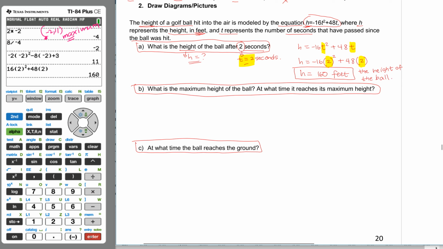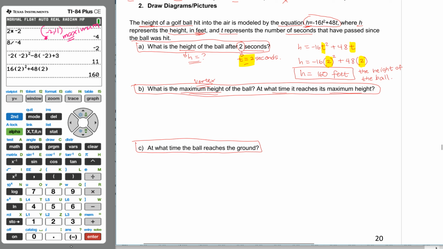Now letter B, you're asked what is the maximum height of the ball and what time it reaches its maximum height. Maximum height, so it's actually asking for the vertex, and at what time it reaches its maximum height.